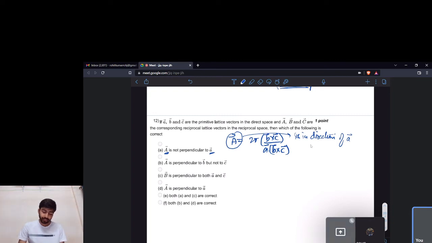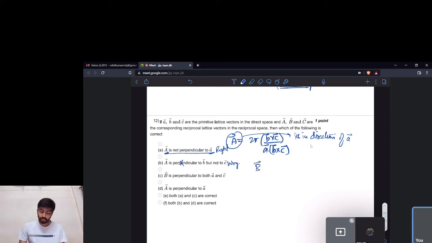Then capital A is perpendicular to b but not to c. No, this is not correct. A is not perpendicular to a, this statement was right because it is parallel. A is perpendicular to b but not to c, wrong. Then B is perpendicular to both A and C.